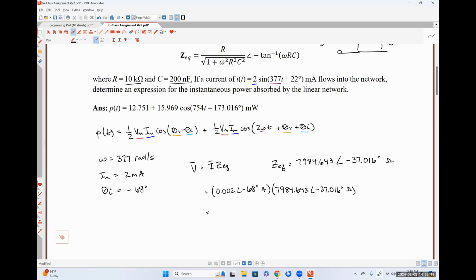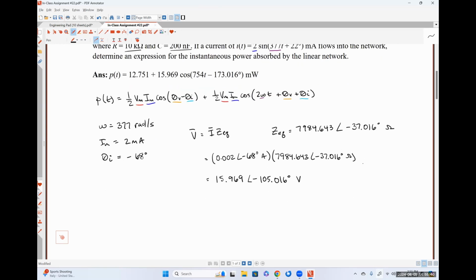And I got 15.969 with an angle of negative 105.016 degrees volts. And this part right here is VM.